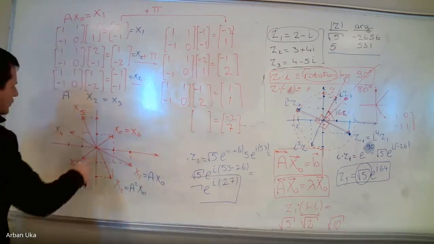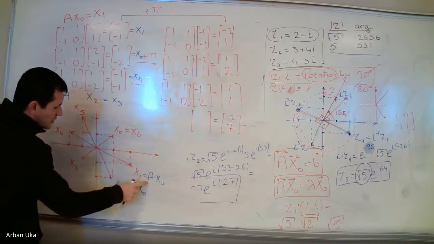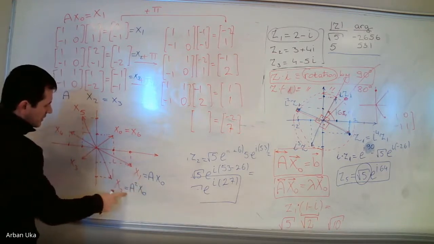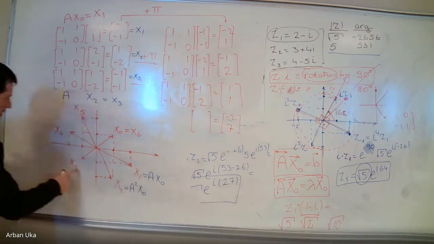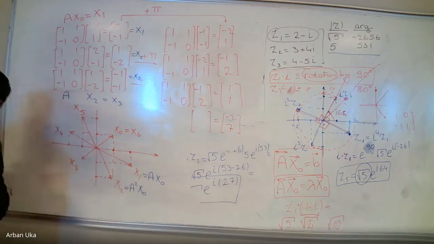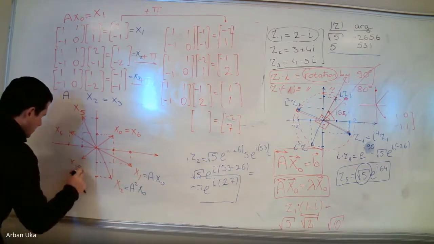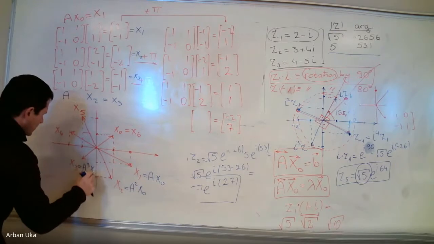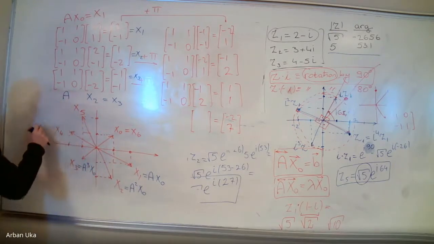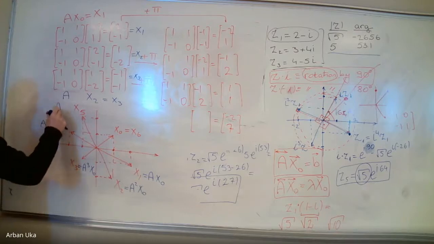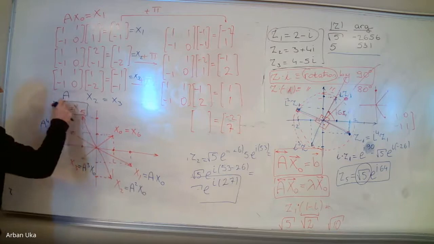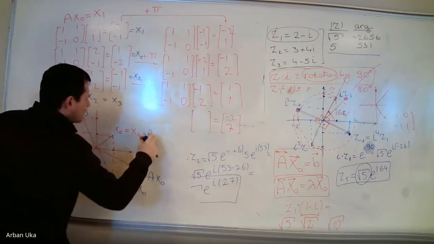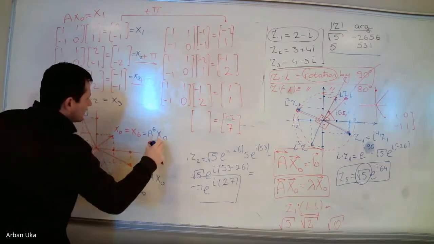So here we started with x0, we rotated it by multiplying by the matrix A, we multiplied it again, this becomes A squared times x0, then this is equal to A cubed times x0. Here we get A to the power 4 times x0, and this is A to the power 5 times x0, this is equal to x5, and this is equal to A to the power 6 times x0.